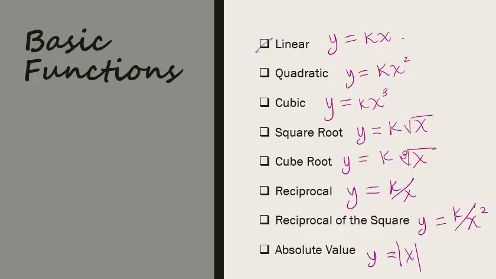A linear function could be decreasing, but if k is positive, it's going to be increasing. A quadratic function has a decreasing region, but it's to the left of the y-axis, so we'll probably cross that one off our list. A cubic function, if k is 1, is always increasing. Same thing for square root and cube root.